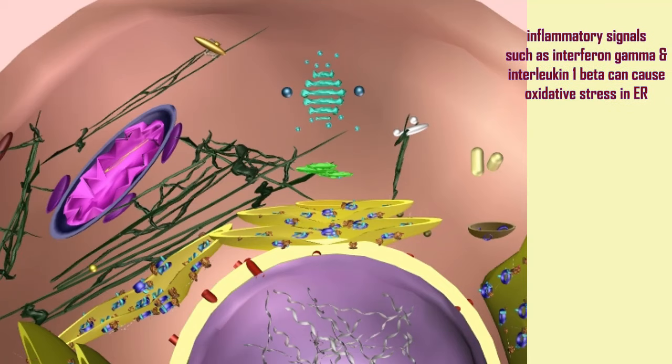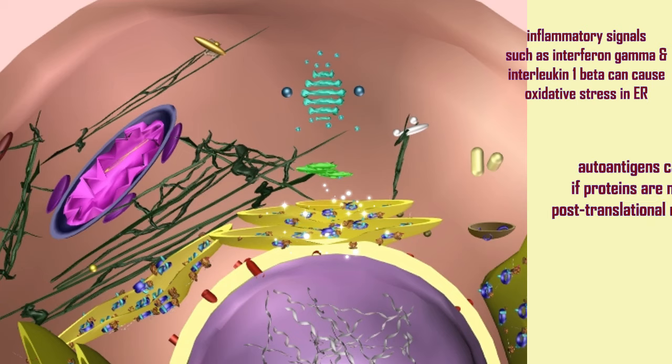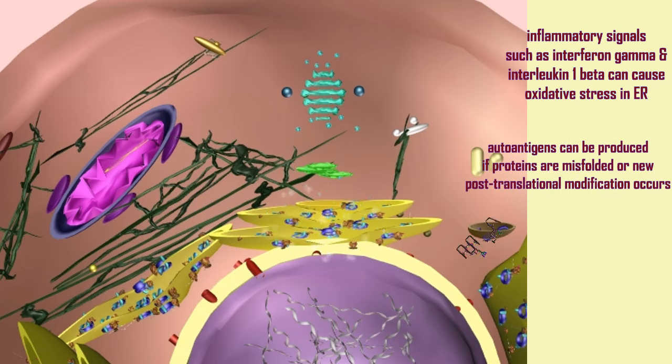And as a result of this inflammation, the endoplasmic reticulum is placed under oxidative stress, in which case it is more likely to misfold proteins, or under the influence of inflammatory cytokines such as interferon and some interleukins, the conversion of arginine to citrulline increases, so that it is the result of inflammation which modifies the proteins in a way that they will then be perceived as foreign, which will then cause additional lymphocyte reactions against them.